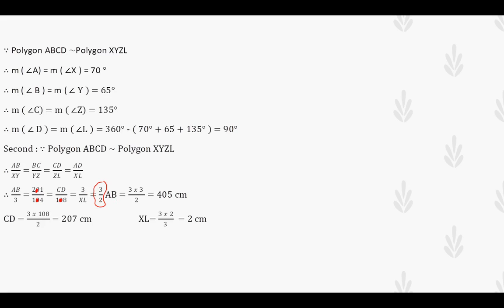So AB equals 3 multiplied by 3 over 2, which equals 4.5. CD equals 1.8 multiplied by 3 over 2, which equals 2.7. And the last one, XL, is 3 multiplied by 2 over 3, which equals 2 centimeters.